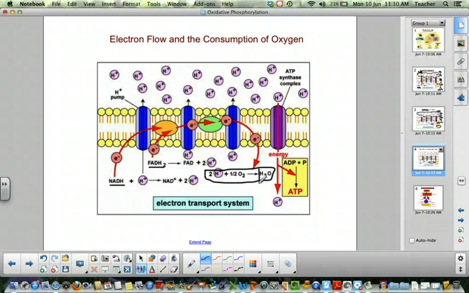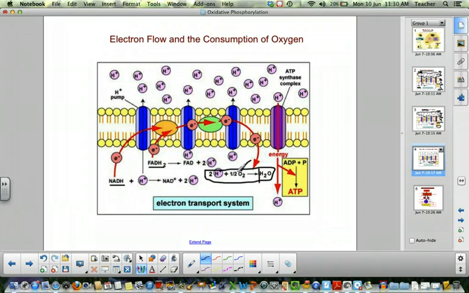Okay? And we say that oxygen is the final electron acceptor. So notice here, electrons are passed from one protein complex in the electron transport chain to another. But eventually they run out of places to go. So oxygen is the final electron acceptor.